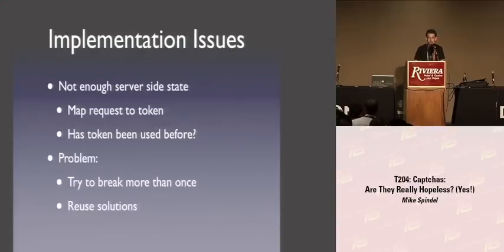So one of the really common problems in CAPTCHAs and in lousy implementations of CAPTCHAs is that they don't record enough state on the server side in order to tell whether the solution is legitimate. There's sort of two main classes of state that tend not to be recorded in some cases. In one case, people don't actually tie the CAPTCHA to a specific request.